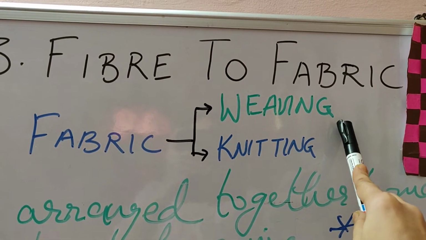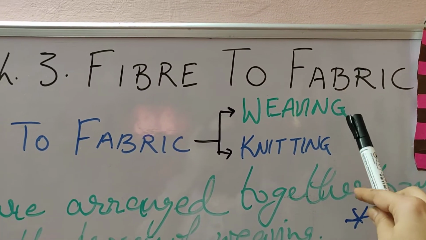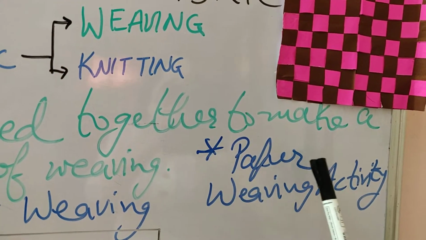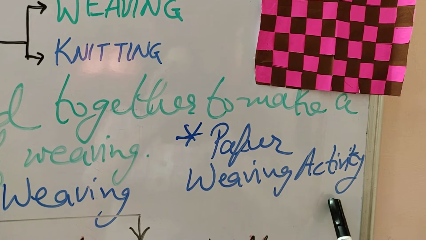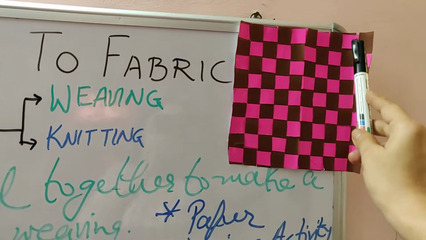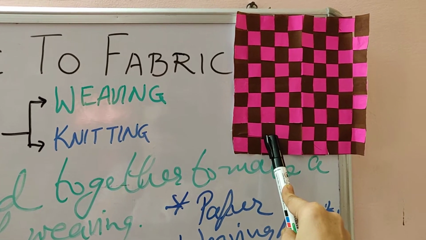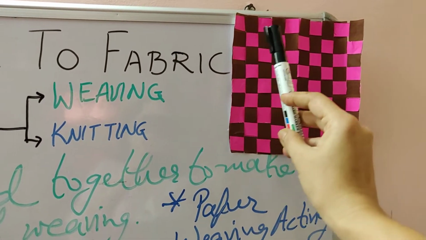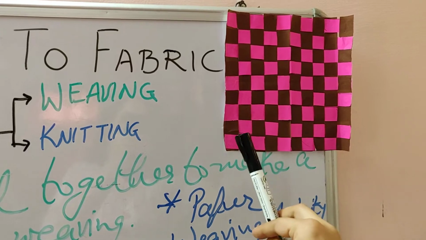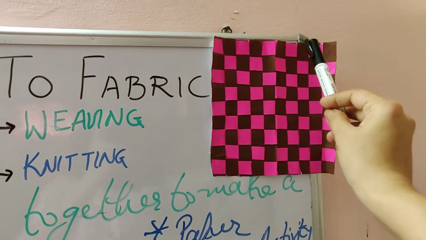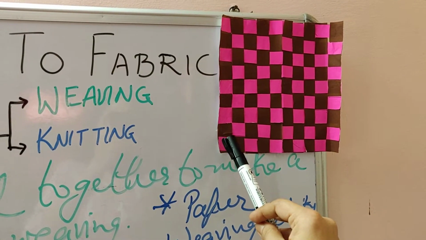In weaving, what is done? Here ma'am has shown you a paper weaving activity, which is given in your science book. Here you can see paper weaving done, and related to paper weaving there is one video on my channel, and you can go to that and understand how this paper weaving is done.